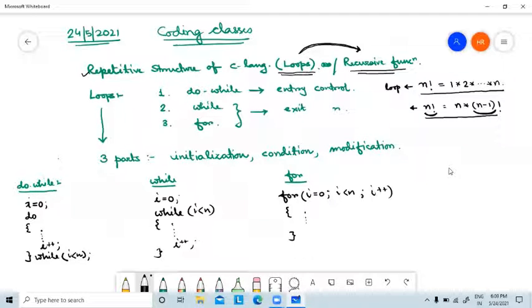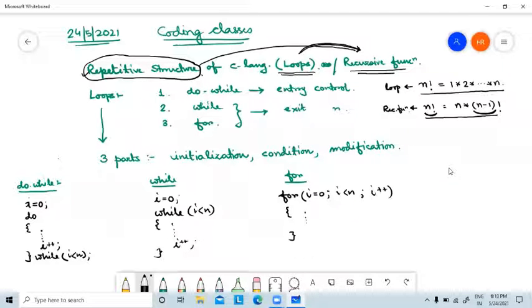I will discuss this later. So if the repetitive structure has some recursive definition, then only we go for the recursive function. Otherwise, we definitely use the repetitive structure of C language, that is the loop.